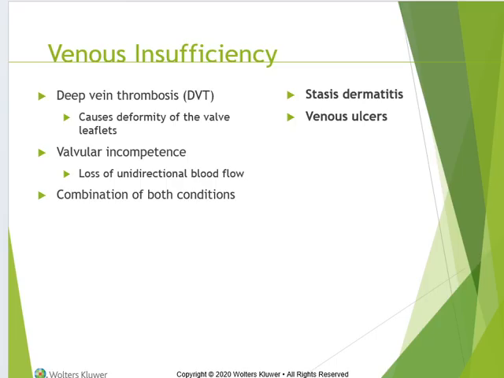And so stasis dermatitis looks like really thin, shiny, sort of bluish-brown, irregularly pigmented skin. And it's very thin and doesn't have the same underlying subcutaneous support tissues that we normally have. And so stasis dermatitis makes these patients very prone to tissue injury, especially in the lower extremities.